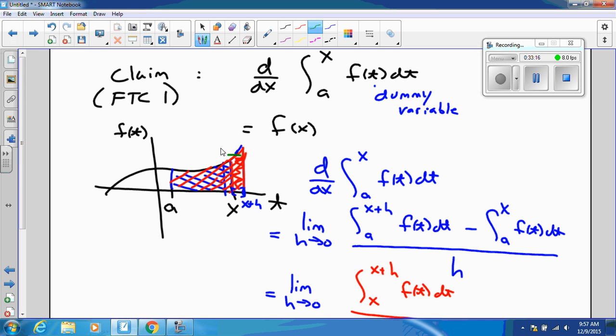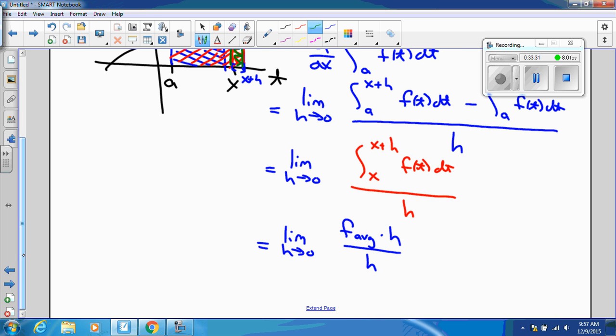Am I guaranteed there's an average value? Yes, because I've assumed f is continuous. And I'm going to replace that integral with the green, which is average value. And now something wonderful happens, and the h is canceled.